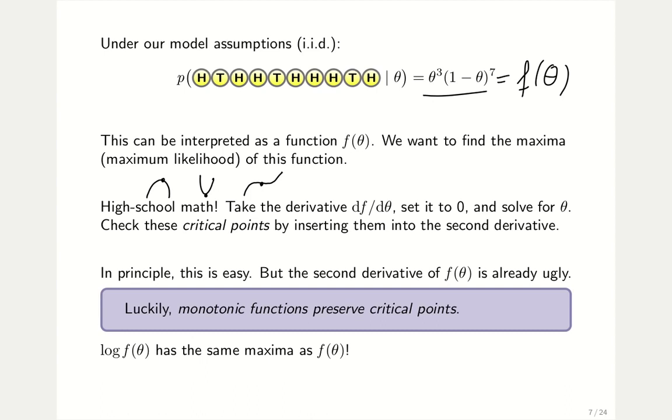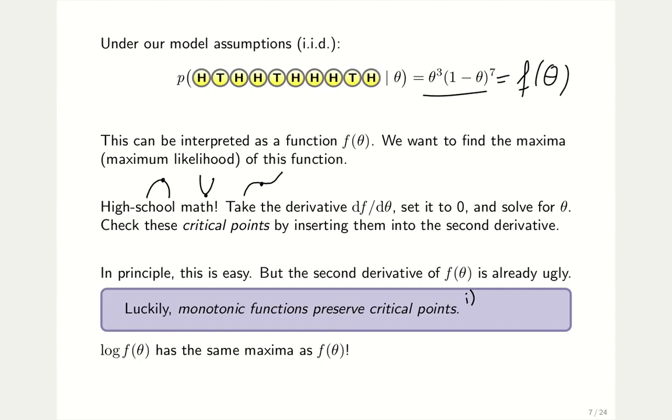And to ease some of the pain of these calculations, we're going to apply a trick. And this trick is that monotonic functions preserve the critical points. Okay, so let's digest this. First of all, what does monotonic function mean? It means one of two cases.